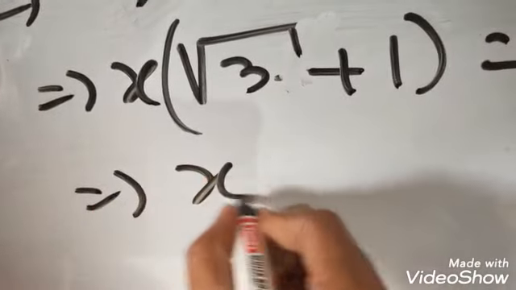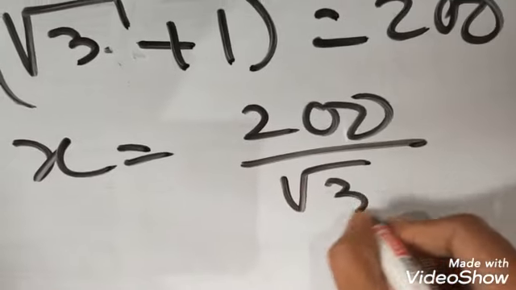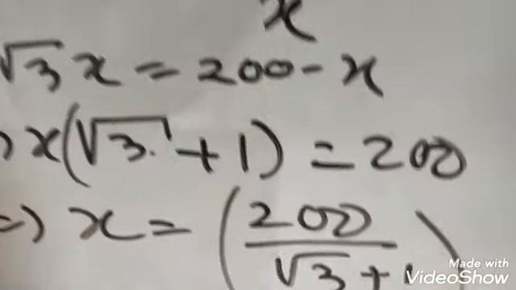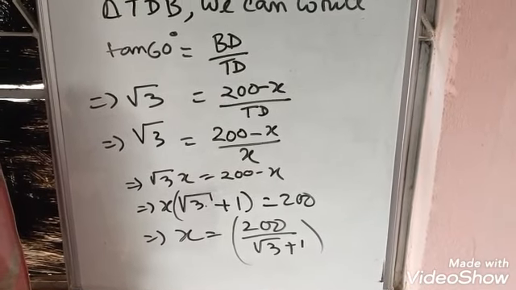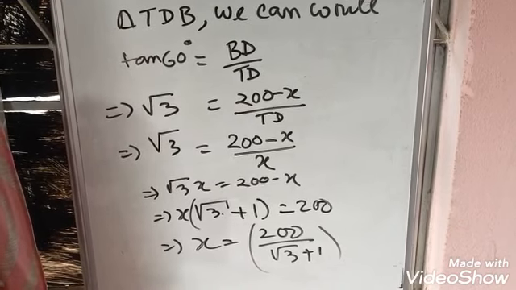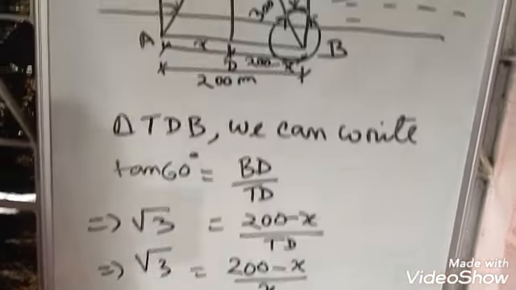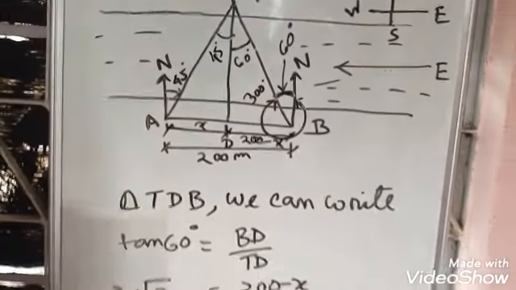So the value of x will be 200 divided by (root 3 plus 1). So this is the value of x. So x is nothing but this TD, and TD is nothing but the width of the river.